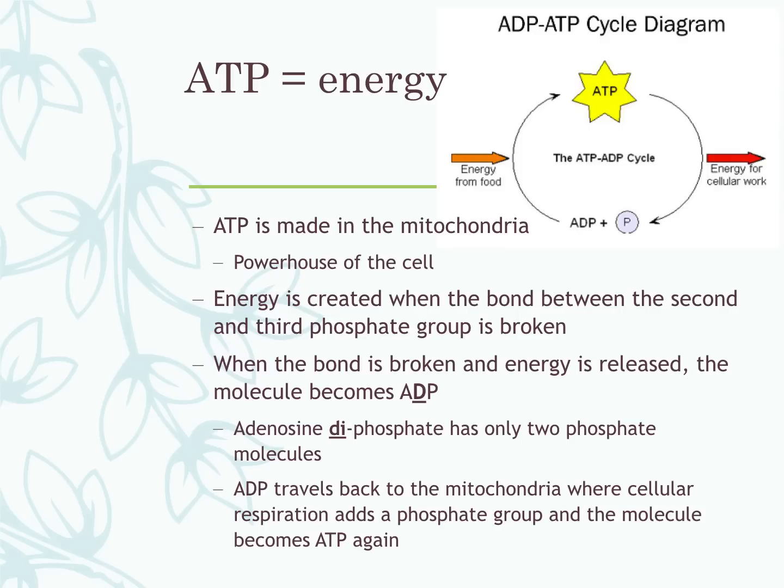Then it's going to go through the process of releasing that energy. So the phosphate group's going to break off, energy is released for the cell to do work, and then once that phosphate is released, it then becomes ADP. Diphosphate means 2. Goes back to the mitochondria, and then the phosphate group is added back and it becomes ATP again.